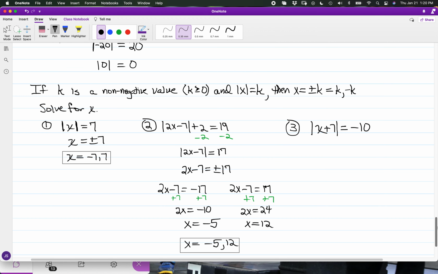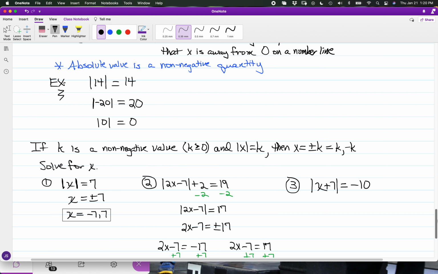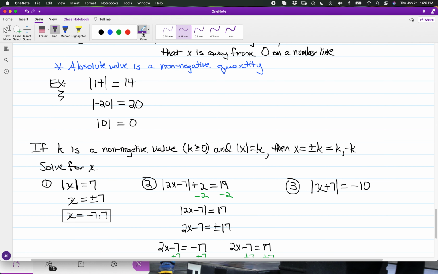And this is just serving as the ultimate reminder: absolute value is going to be a non-negative quantity. The absolute value of a positive is a positive. Absolute value of a negative is a positive. Absolute value of 0 is 0. But there's nothing that we can take the absolute value of and have it equal a negative amount. And because we have negative 10 attempted for the value of k, for this particular item, there is no solution.